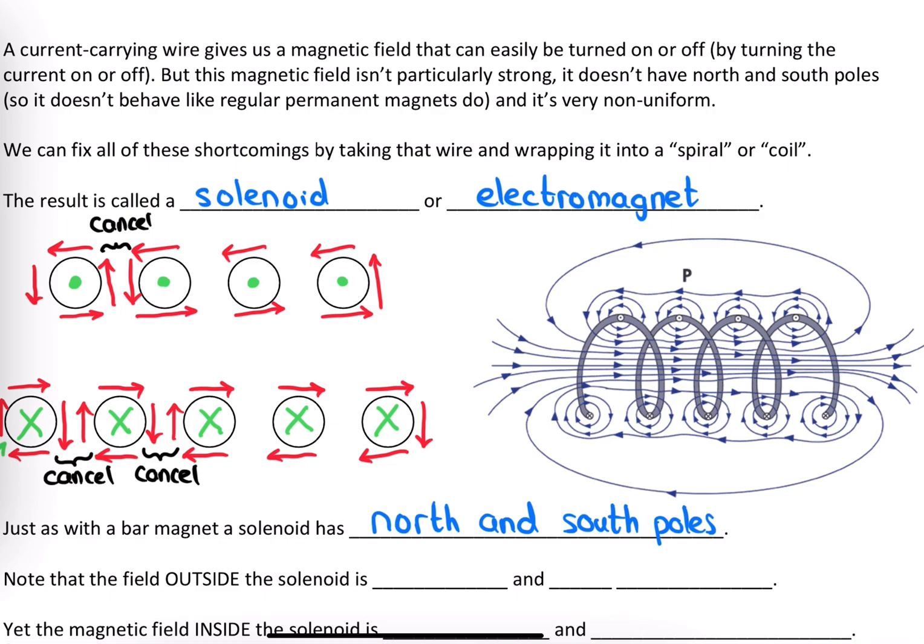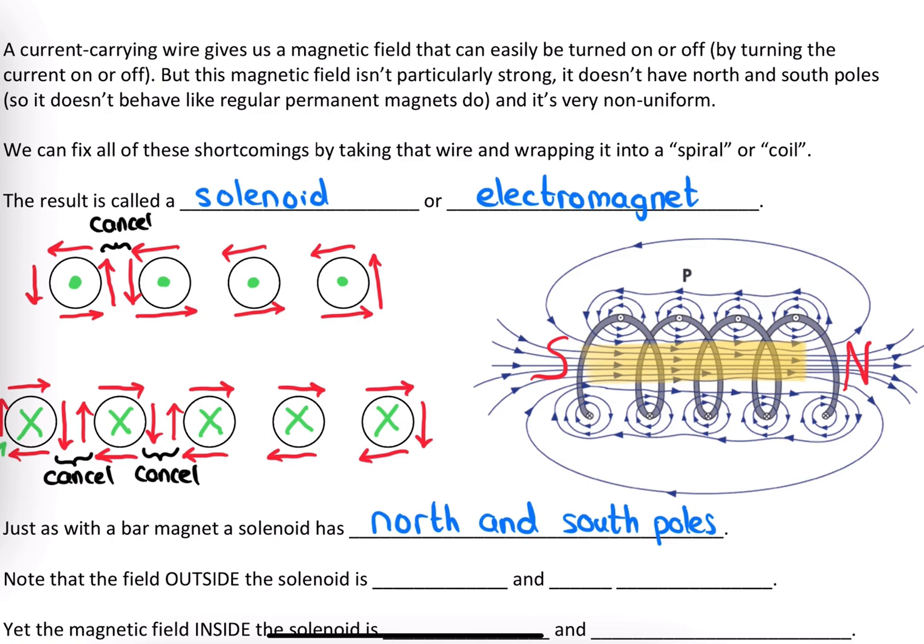So over here, we see the field lines leaving this end and coming towards this end, meaning this is going to be our north pole, and this is going to be our south pole. On the outside of the magnet, the field lines go from north to south. On the inside of the magnet, they're going from south to north.